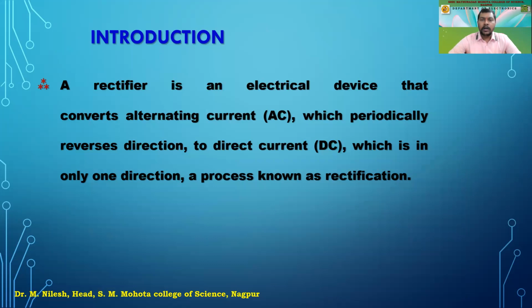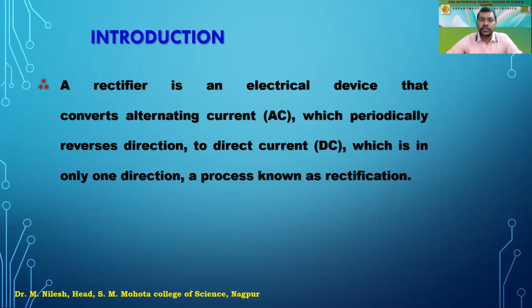To convert AC voltage into a DC, AC current into a DC current, that is called the rectifier. The circuit which converts AC into DC is called a rectifier. So just remember the simplest definition, these are the words which are there in the definition.